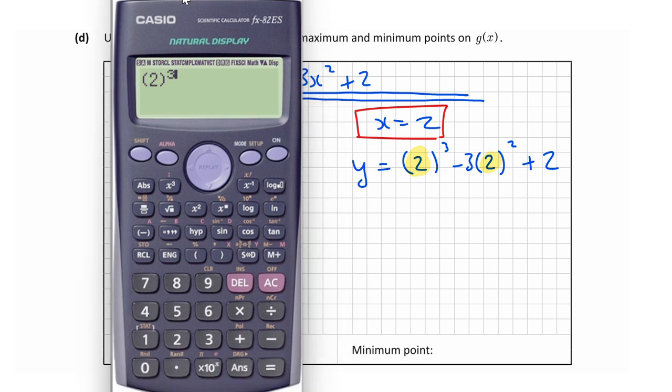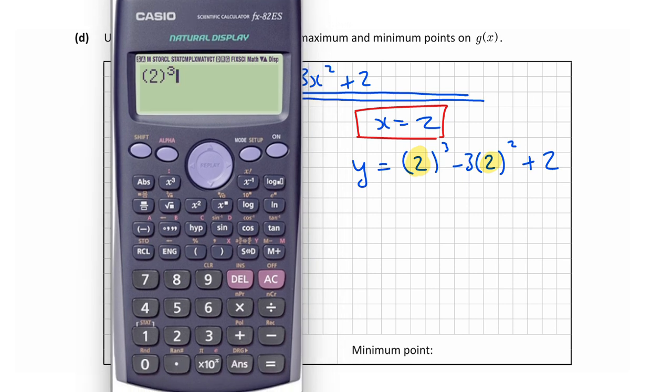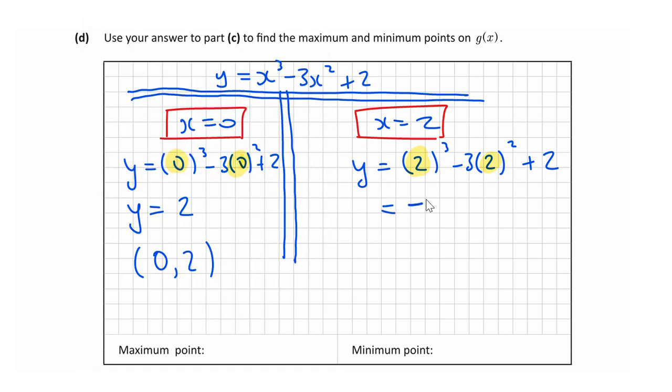Then we've got minus 3 by 2 squared. So 2 squared is 4, 4 by minus 3 is minus 12, 8 minus 12 is minus 4, plus 2 is going to give me minus 2 as my answer. And that coordinate there is not x, but rather 2, minus 2.